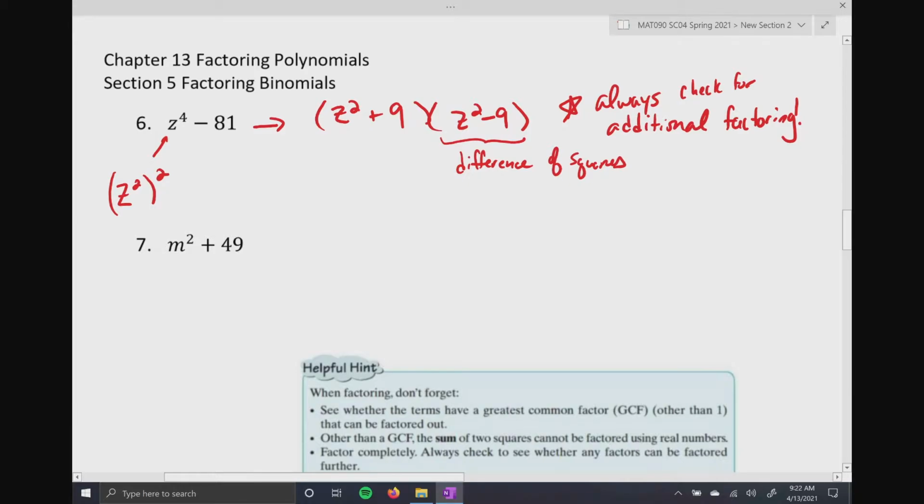So this will actually factor down into z squared plus 9, and then times the quantity z plus 3 and z minus 3. So just because you factor once, doesn't mean that you are necessarily done. Okay? Does that make sense, everybody?